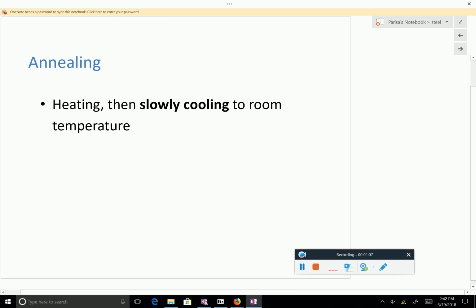So we talked about annealing before. It is when you have the molten metal and you let it very slowly cool down. So based on what we have talked about, try to work with your neighbor and write down what you think happens to the material in terms of grain size, strength, and ductility, toughness.